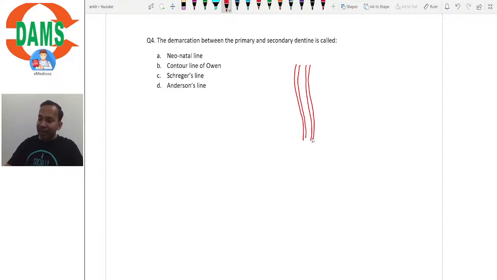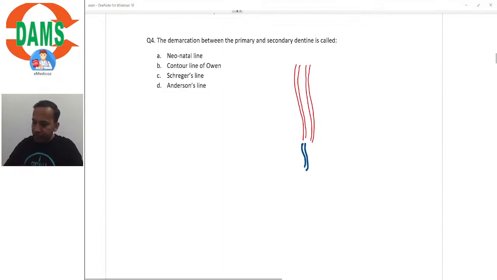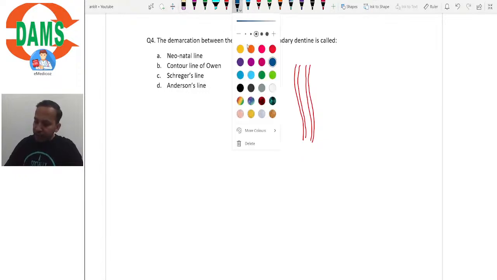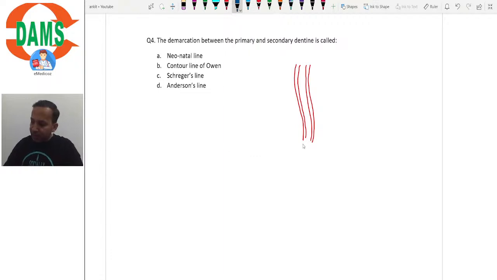But the secondary dentine, it is thinner as compared to the primary dentine. Also, their curvature is opposite that of the primary dentine. Their curvature is opposite as compared to the primary dentine.